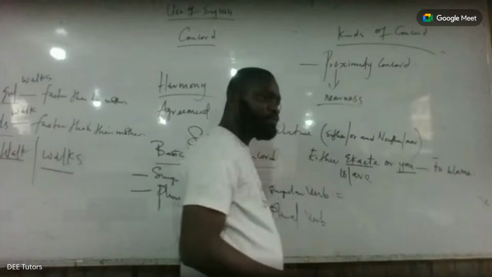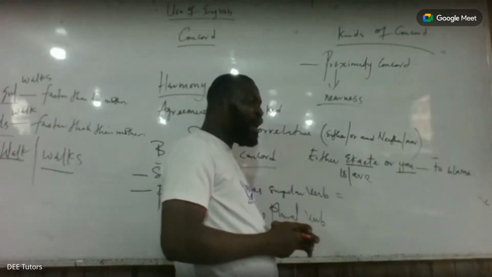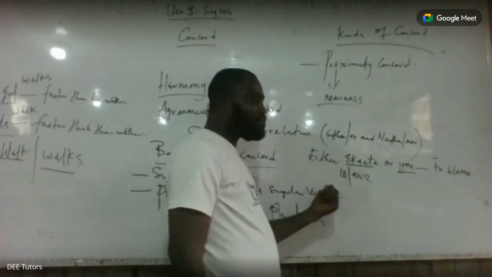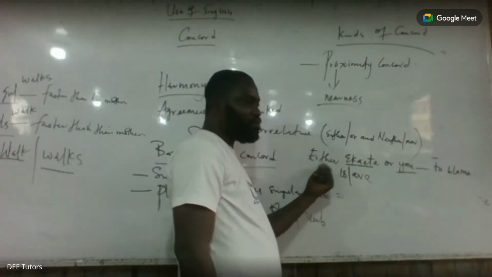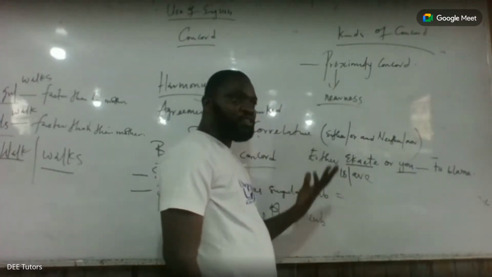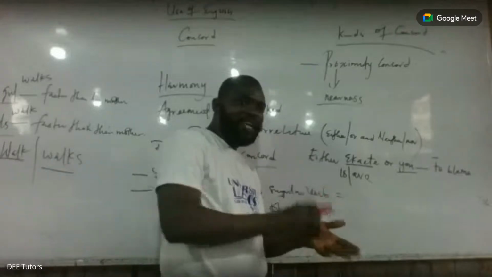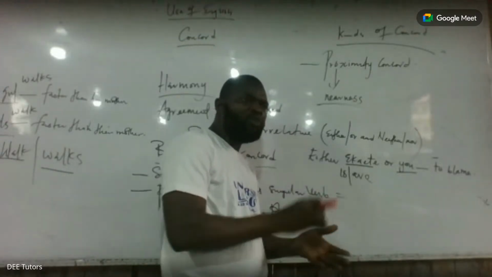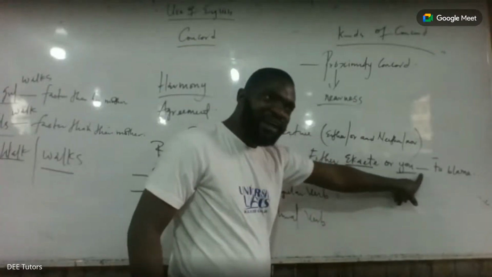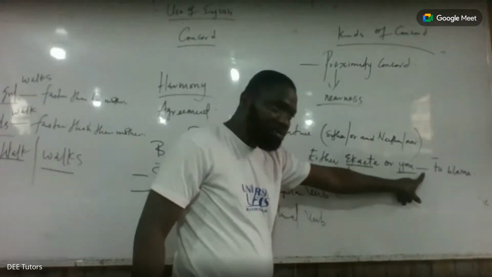In a case when the subjects of a sentence are linked by either or, neither nor, to go by the proximity concord, the subject that will control the verb will be the one that is nearest to the verb. This is where the verb should be.